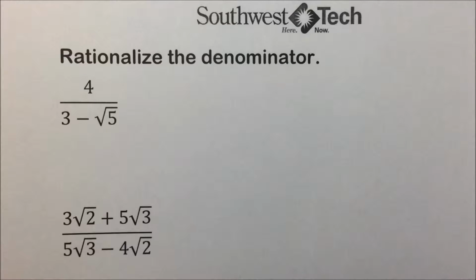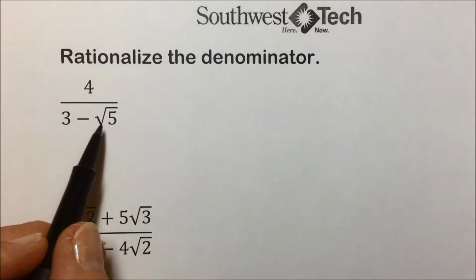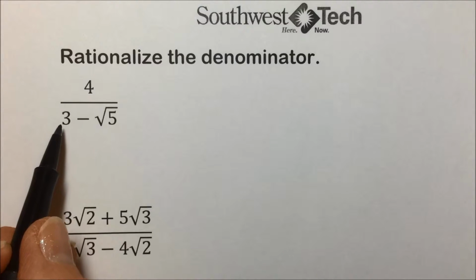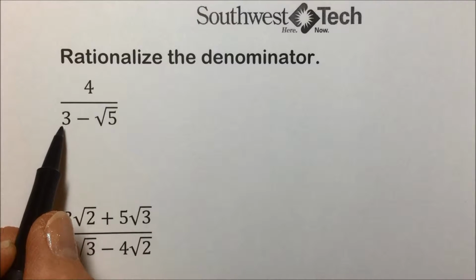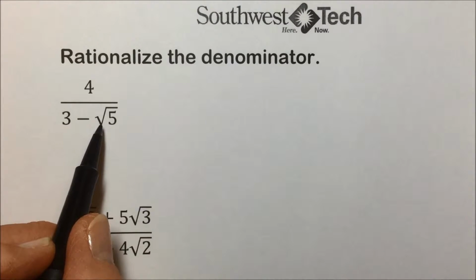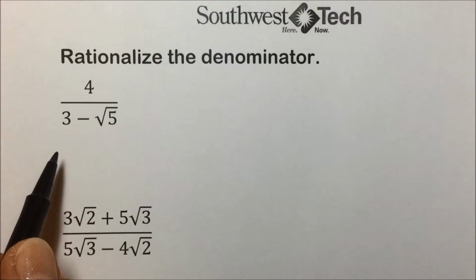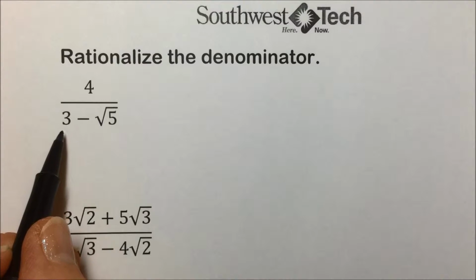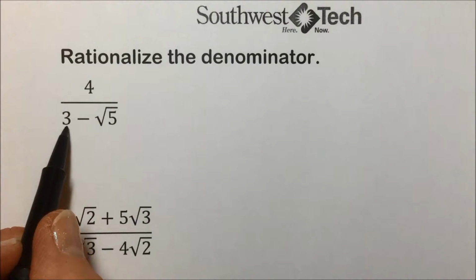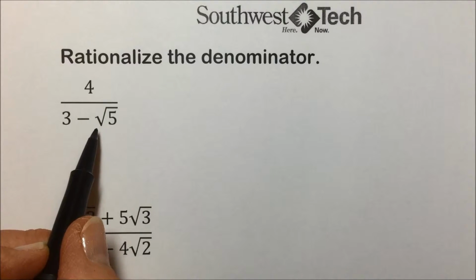And to do that, we're going to multiply using the conjugate. If you recall from earlier in this course, a conjugate is a binomial that has the same first and second term, and the only difference is one has a plus and one has a minus. So the conjugate to this denominator is going to be 3 plus the square root of 5.